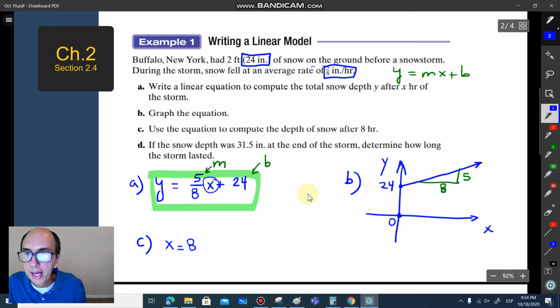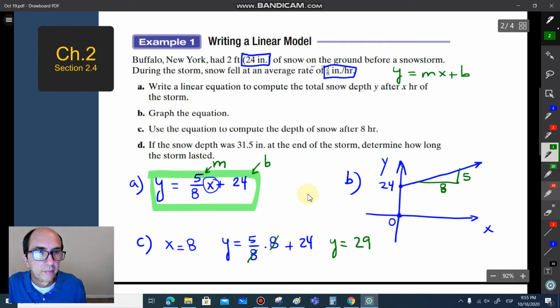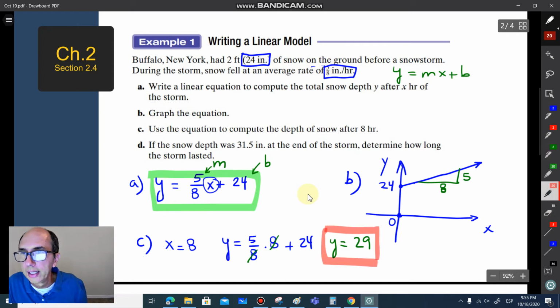We're going to plug in x in the equation. Y equals 5 over 8 times 8, plus 24. And we can simplify. 5 times 8 divided by 8 is 5. Y equals 5 plus 24, 29. This is the answer for letter C.